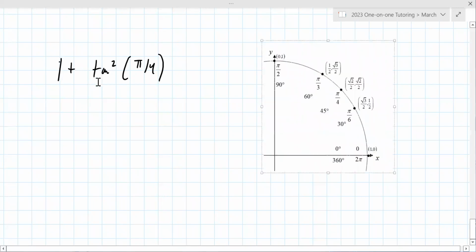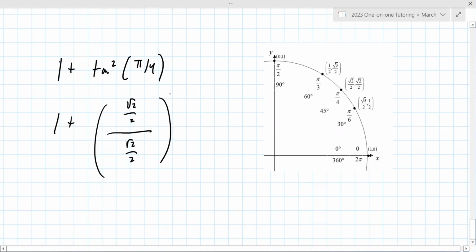You might say, okay, I know tangent is sine over cosine. It's y over x. So that's 1 plus y over x, or square root of 2 over 2 over square root of 2 over 2, all squared. Now, what's nice about this problem is that this reduces to 1. 1 squared is 1. 1 plus 1 is 2.